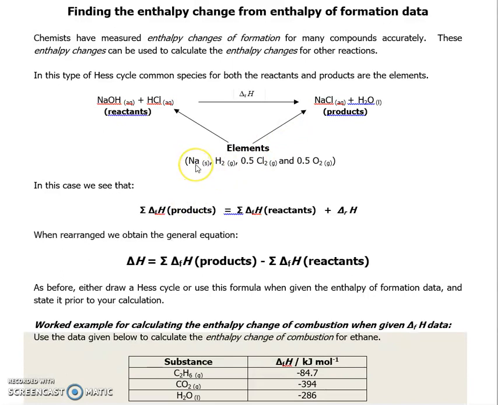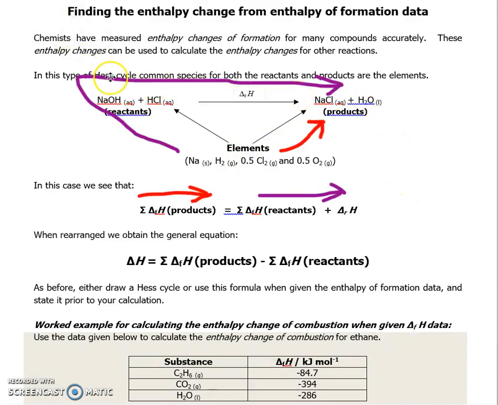So we've got the enthalpy of formation of sodium hydroxide from sodium, half a mole of oxygen and hydrogen, along with the enthalpy of formation of hydrogen chloride or hydrochloric acid from hydrogen and chlorine. And the same elements make these two products here.